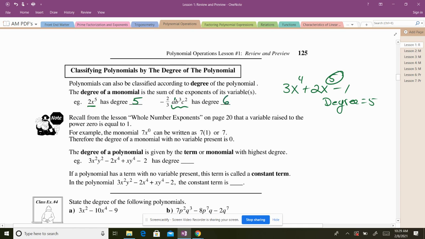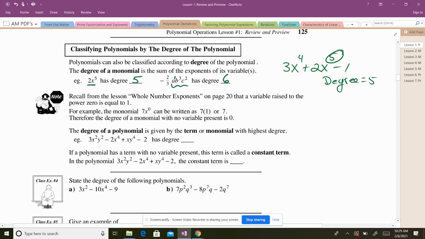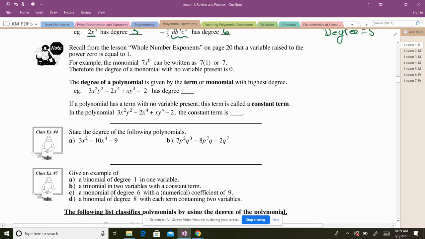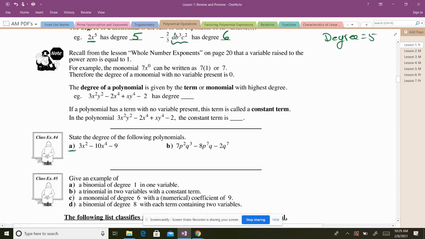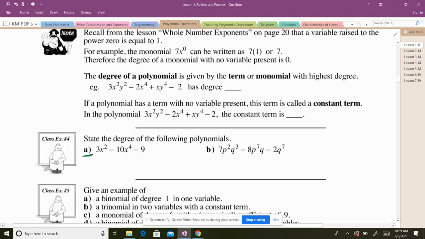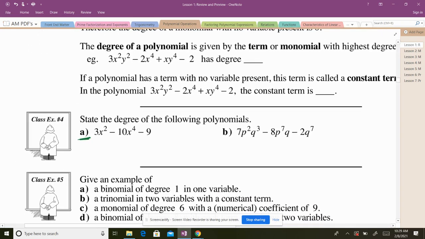So it has a degree of 6. So if we look at these two right here, a, what is the degree of this polynomial? 4, highest exponent. The degree is equal to 4.